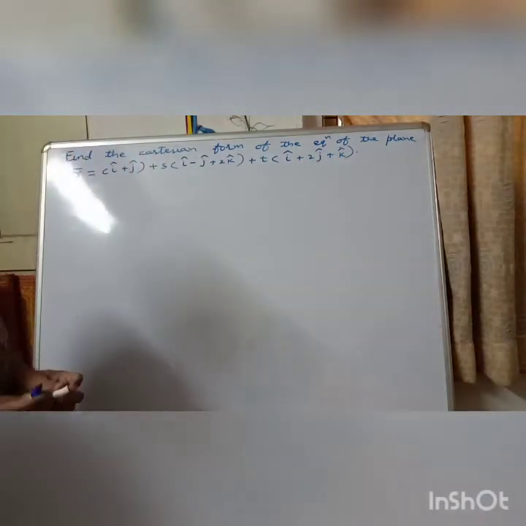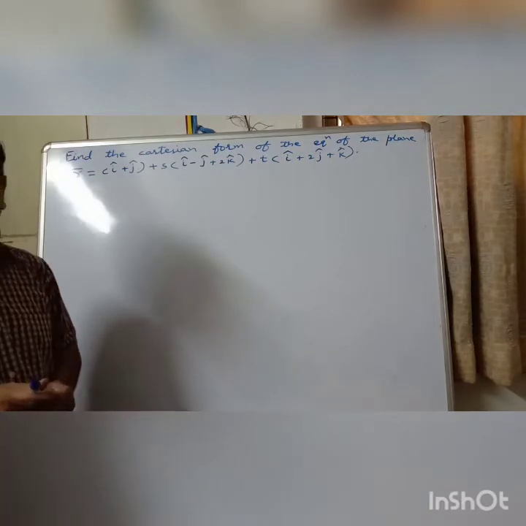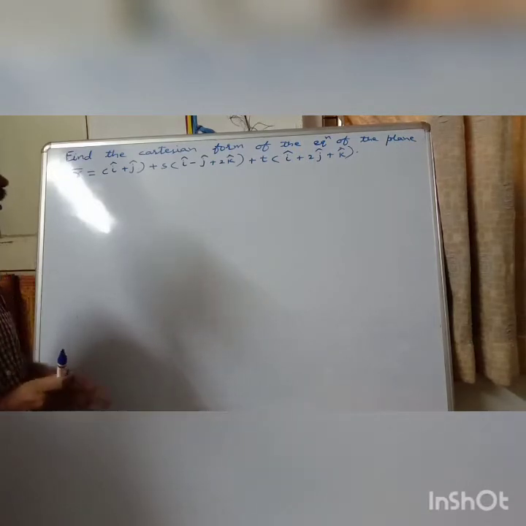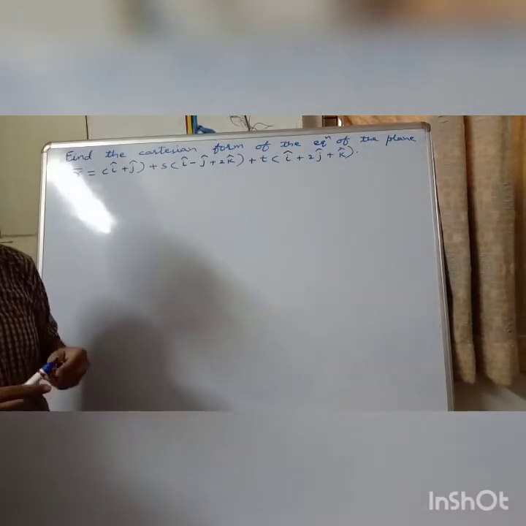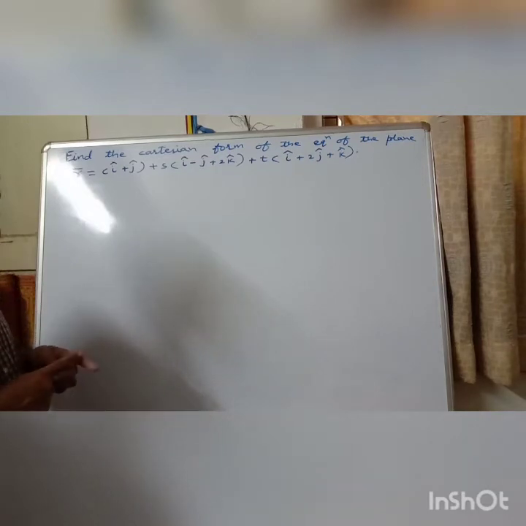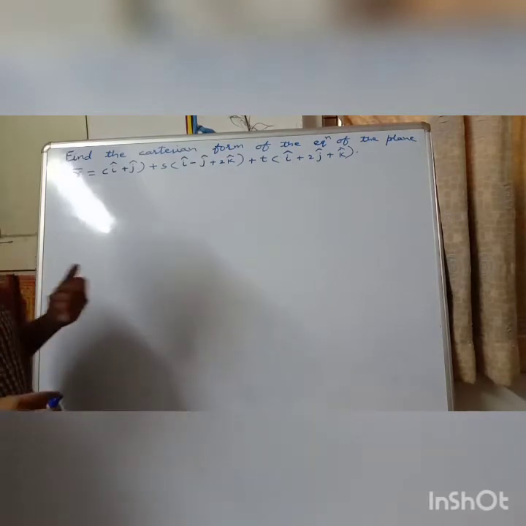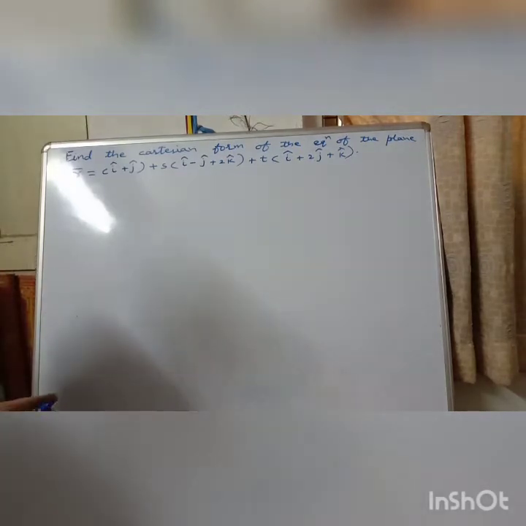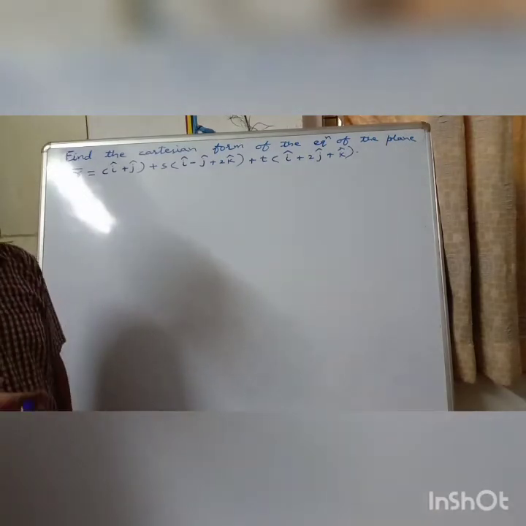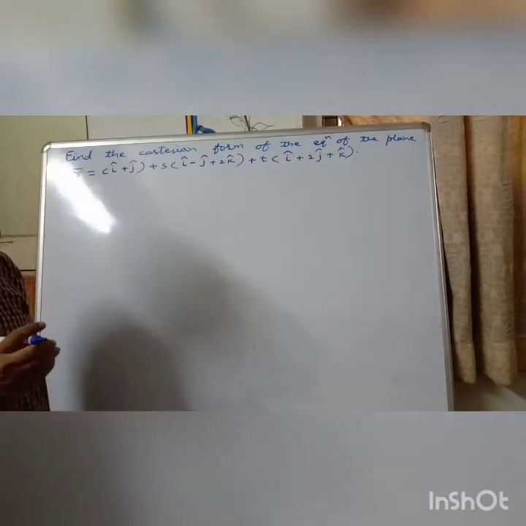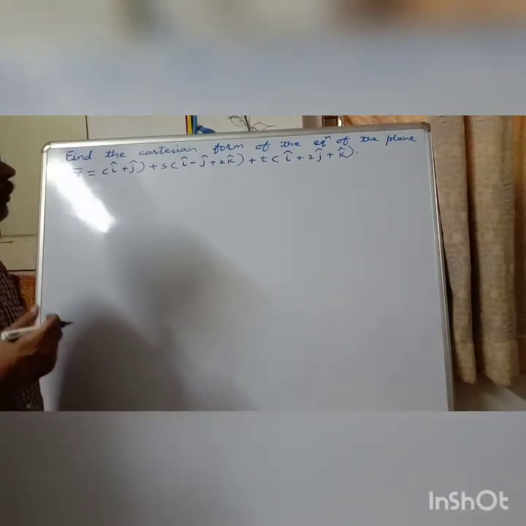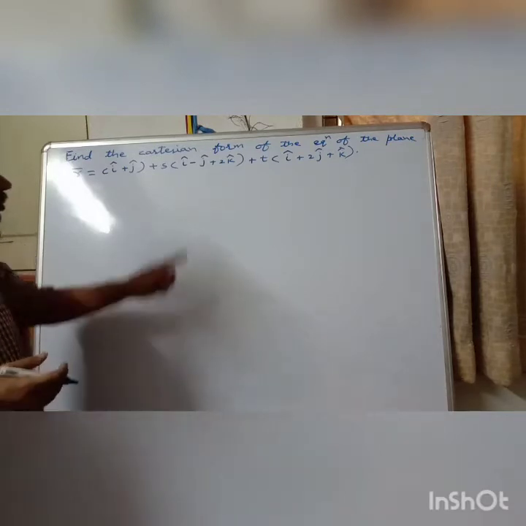Now this is equation of plane in vector form. Here unit vectors i, j, k are present and we have to write same equation of plane in Cartesian form. Before that, this is equation of plane in vector form, but this is also in parametric form.